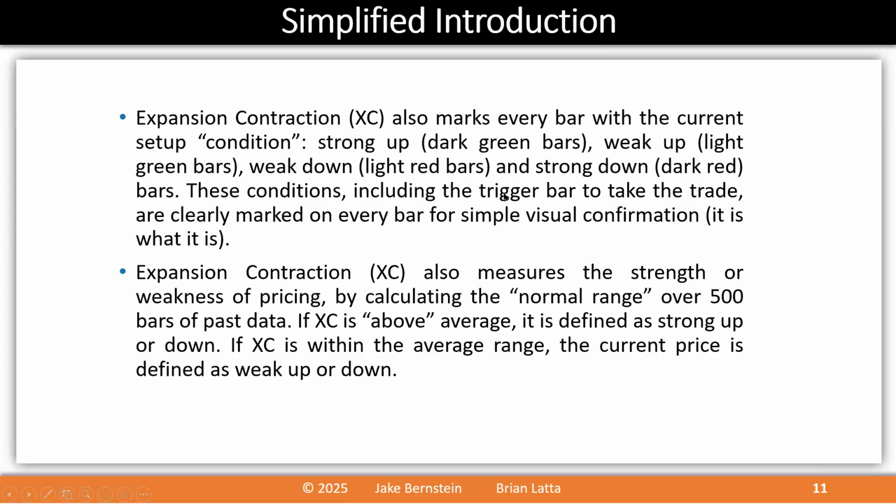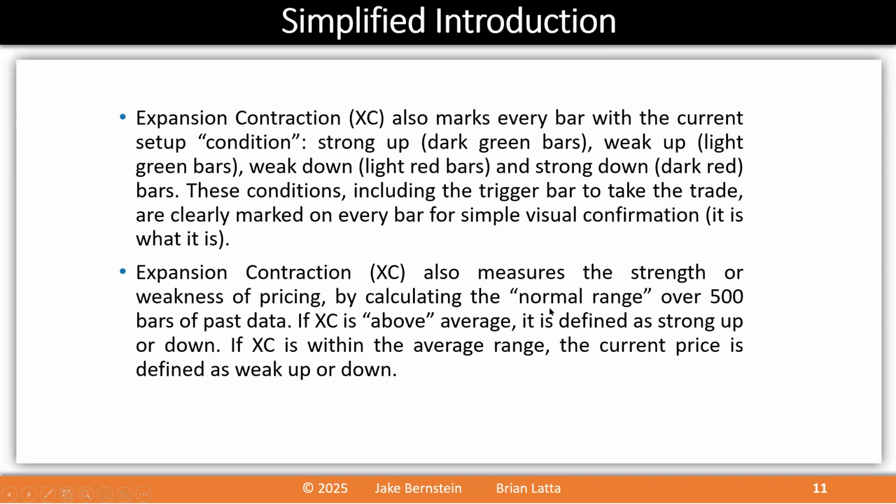Again, I'm assuming you can read this much faster than I can go through it, and I'm not going to reread everything on here, just in order to save time. But as you can see, it is a multi-indication indicator, long-term and short-term. And the second component here is that expansion contraction will also measure strength. It's using what we'll call a normal range.